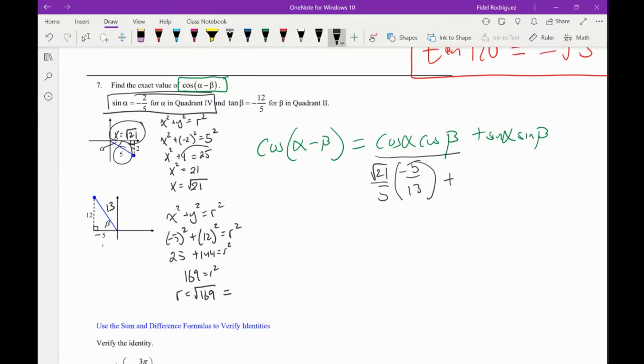All right. Sine of alpha. Remember what the sine of alpha is. They even gave it to us in the first part of the problem. Sine of alpha was negative 2/5. Anybody know what the sine of beta is? Opposite over hypotenuse.